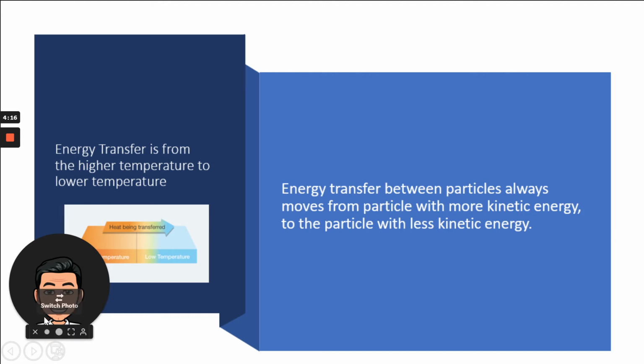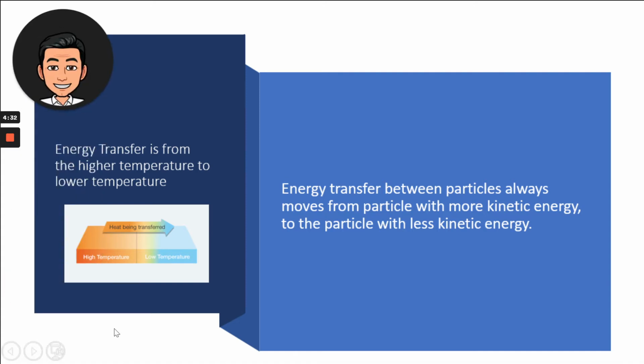But the big idea for now is that when we have particles that come into contact with one another and transfer energy, the energy transfer is always from higher temperature to lower temperature. And that's really important to understand, high to low. That's because we have a transfer of heat, a transfer of energy. And low temperatures don't have as much energy.